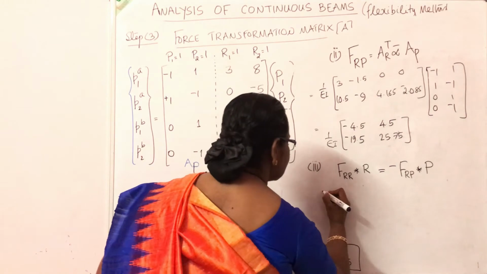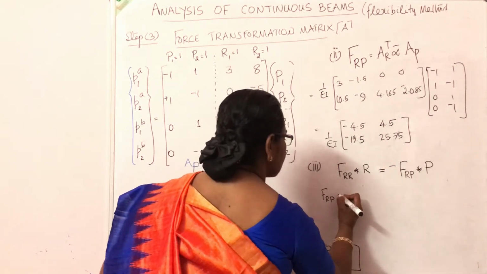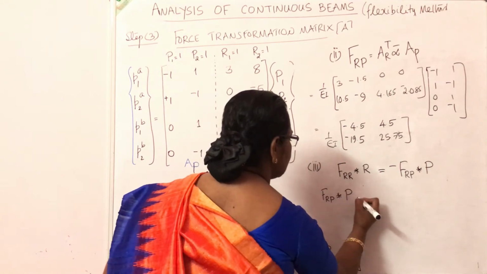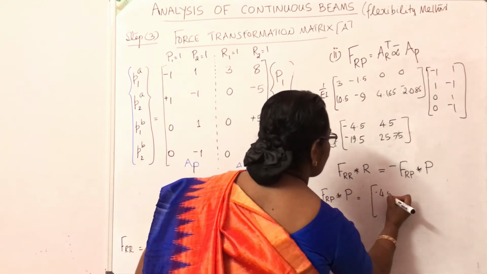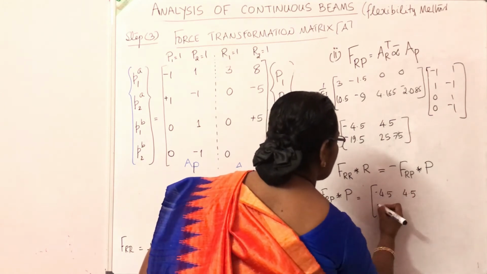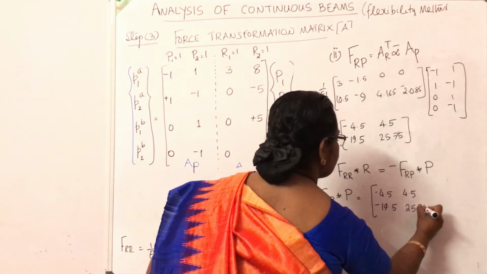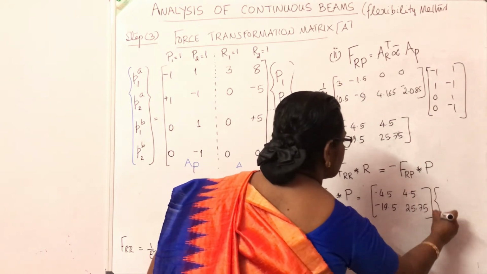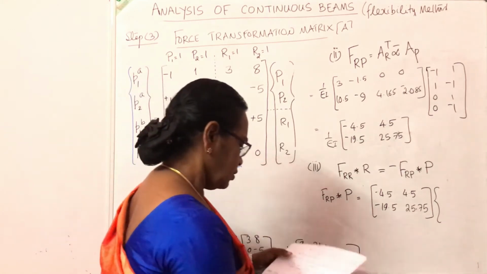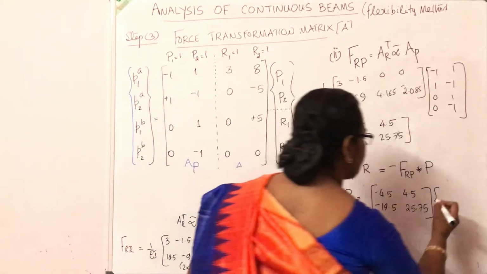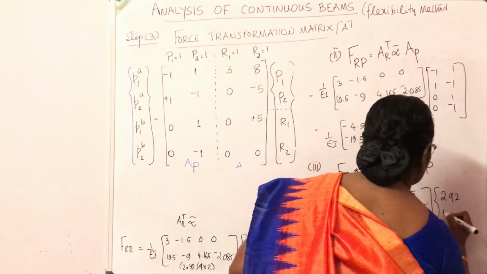We have got FRP. Let us calculate that also first. The right hand side vector, the delta vector. FRP into P is equal to, this is FRP, minus 4.5, 4.5, minus 19.5, 25.75 into P, meaning the external load, P1 and P2 at the nodes. The values were 2.92 and 10.42.